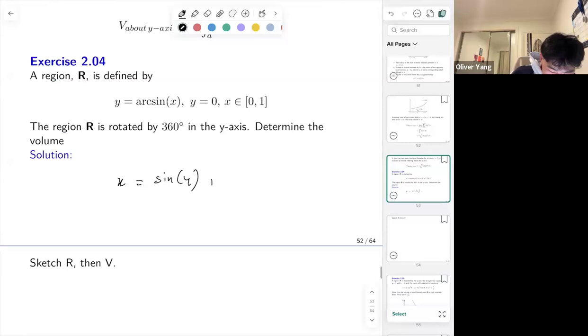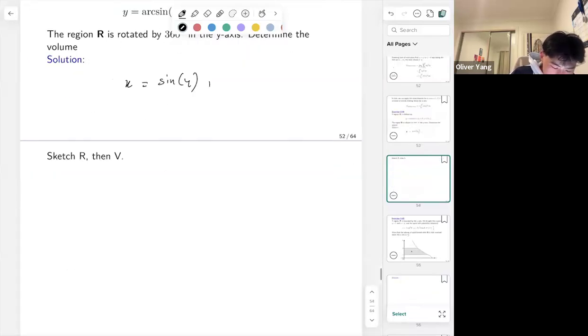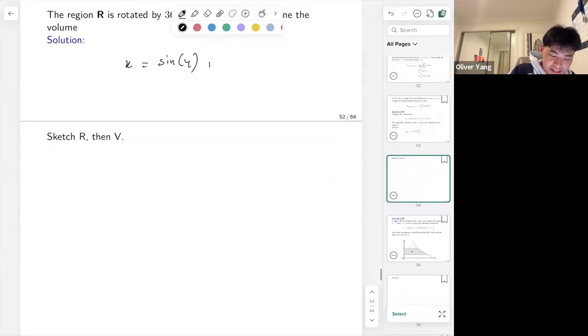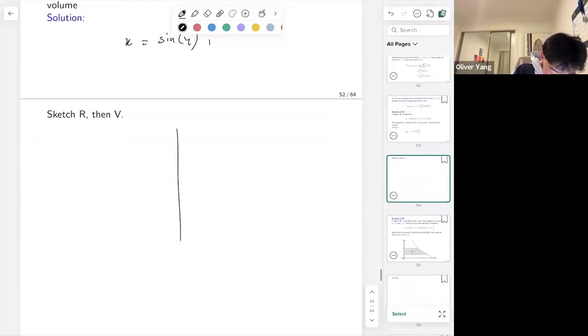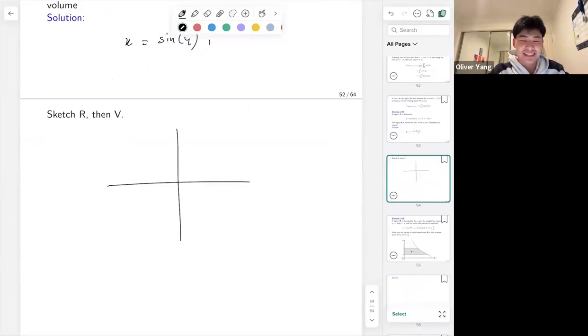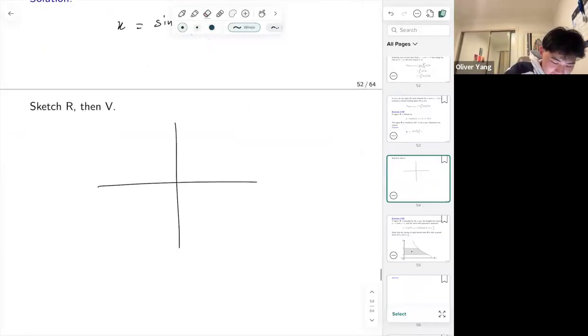I'm going to sketch it for you guys. So arcsine. Does anybody know how to sketch arcsine? You've got sine on the y-axis. No, you've got to reflect it across y equals x. So that's basically what it is, and it kind of looks like this.